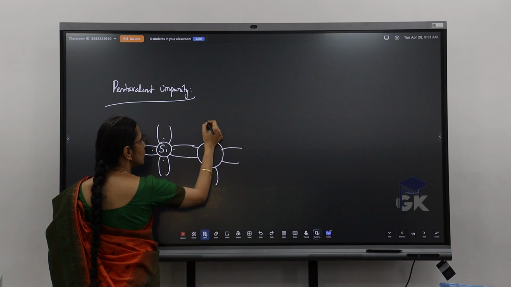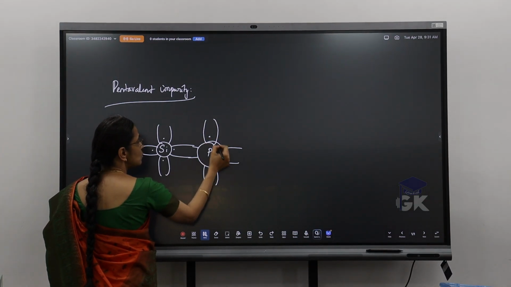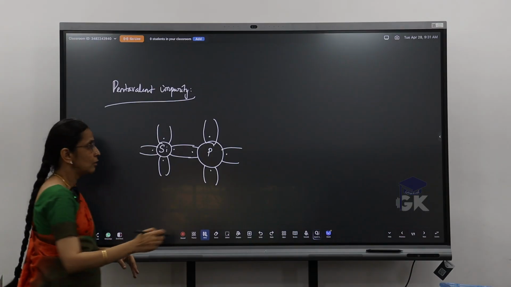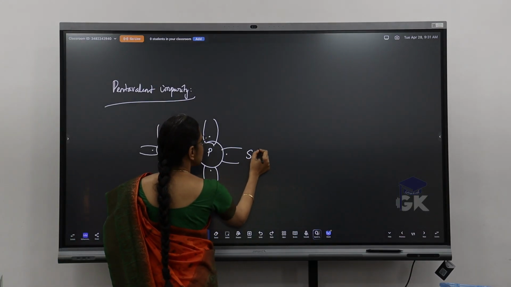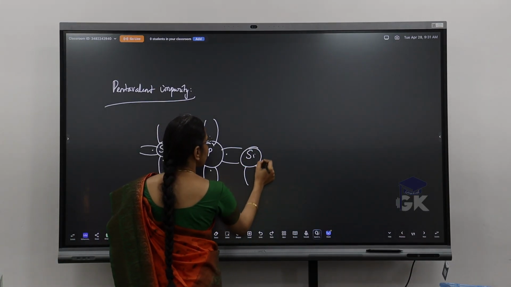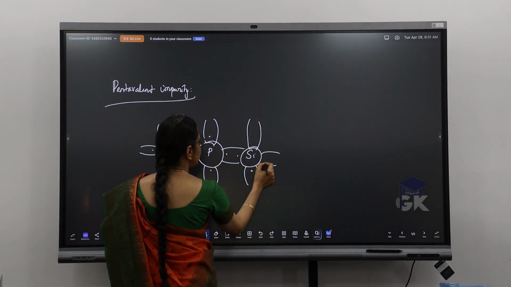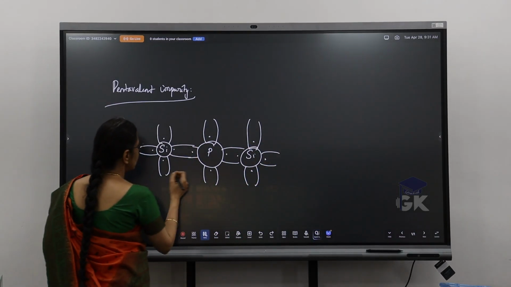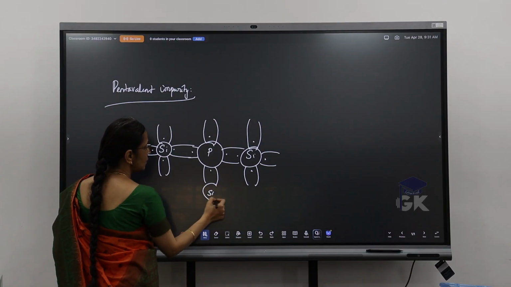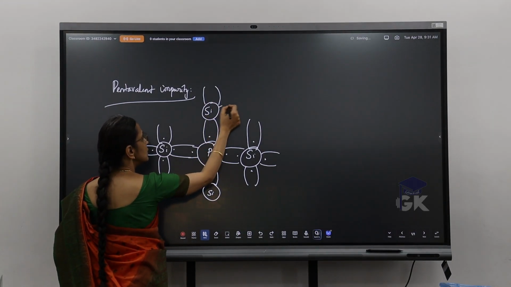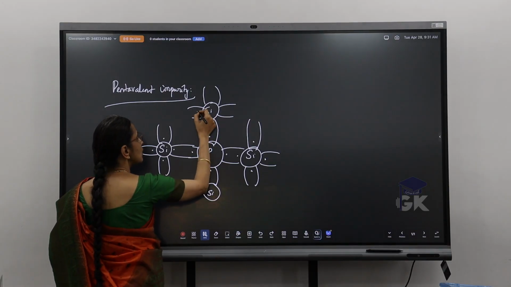Out of 5, 4 are going to form a covalent bond with its nearest silicon atom. Right? So here also I'll have, say, silicon. In my crystal lattice, I'll have my silicon atoms in this fashion.